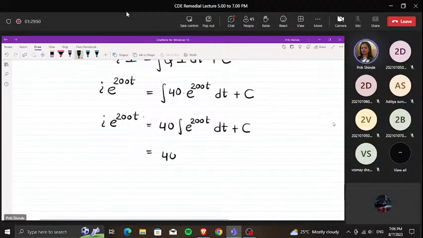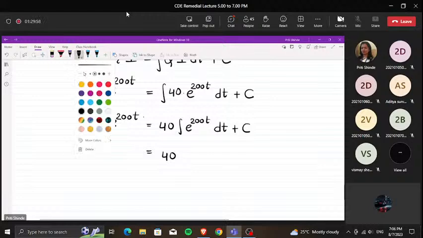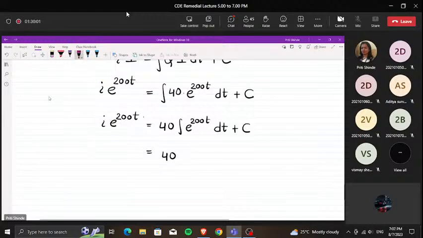The integration of e raised to at dt is e raised to at divided by a.